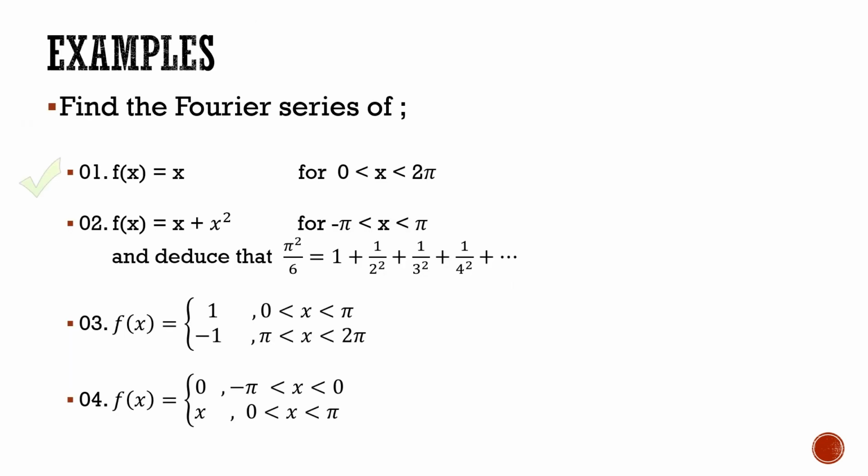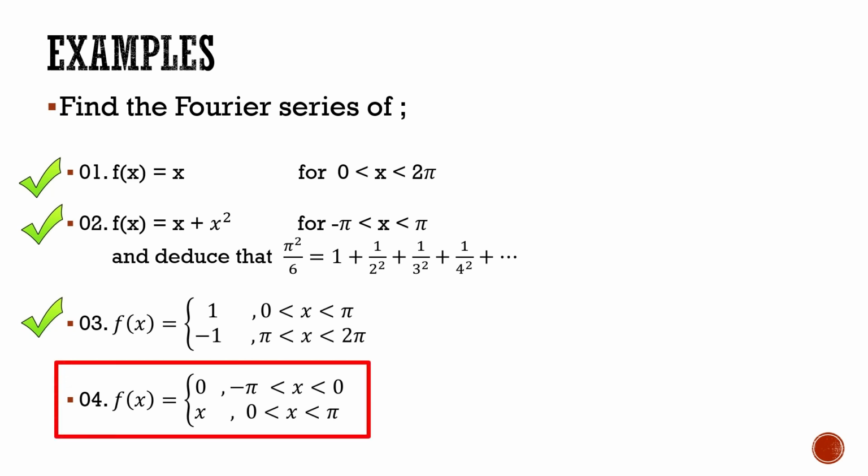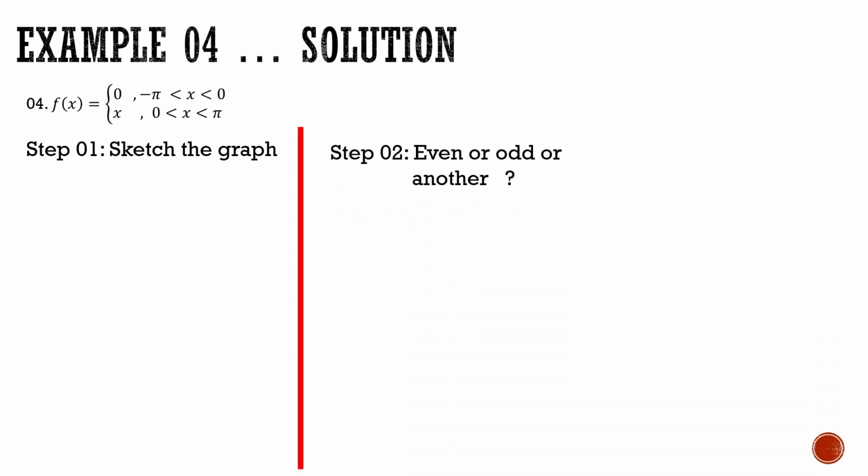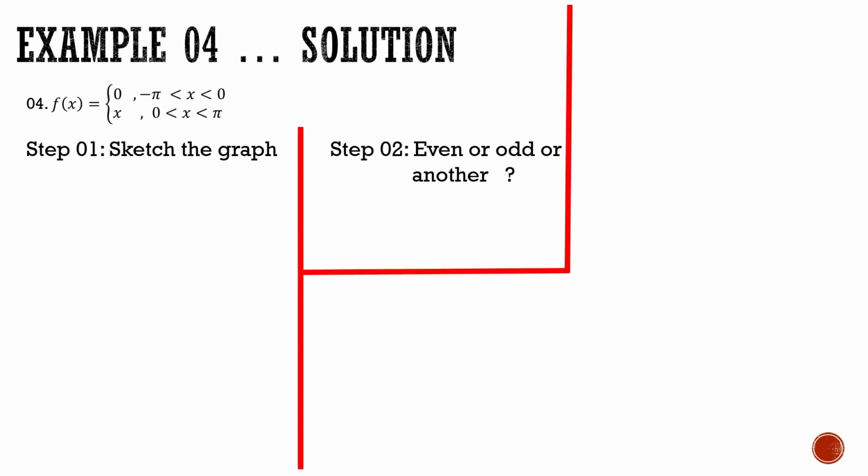Now examples 1, 2, 3 are done. Now move to example number 4. Solution for example number 4. Step 1 is create the graph. Step 2, even, odd or another function. Step number 3, find a0, an and bn.